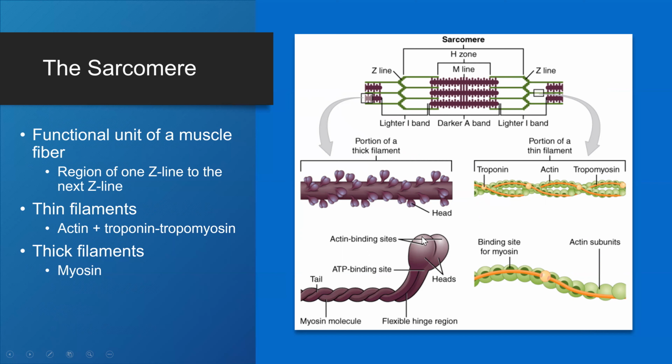So you see lots of heads coming out from this myosin molecule, and they are in pairs. Here 2 heads, here 2 heads. Also, we have an ATP binding site, because we will need ATP for muscle contraction, and an actin binding site, because we need myosin to bind to actin. But we will talk about it in the physiology part, in part 2 of this lecture.